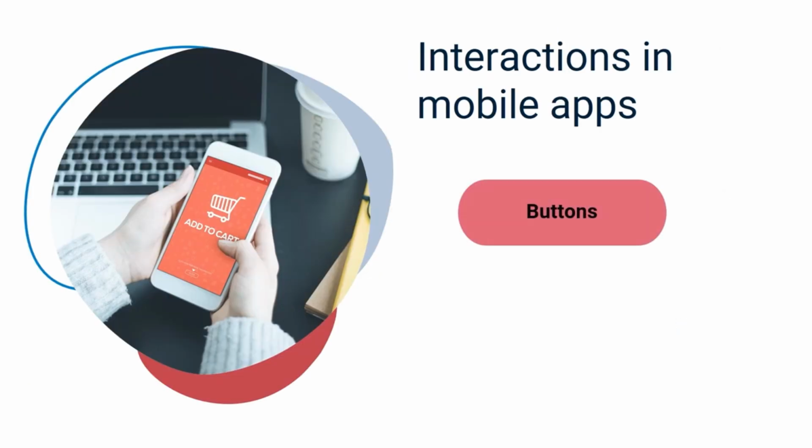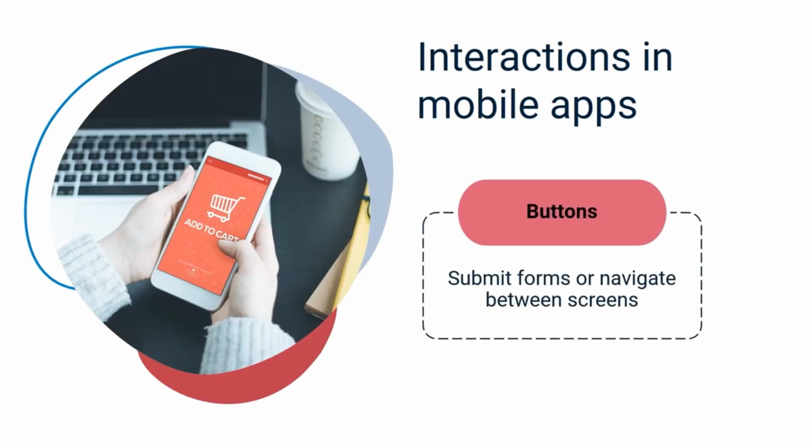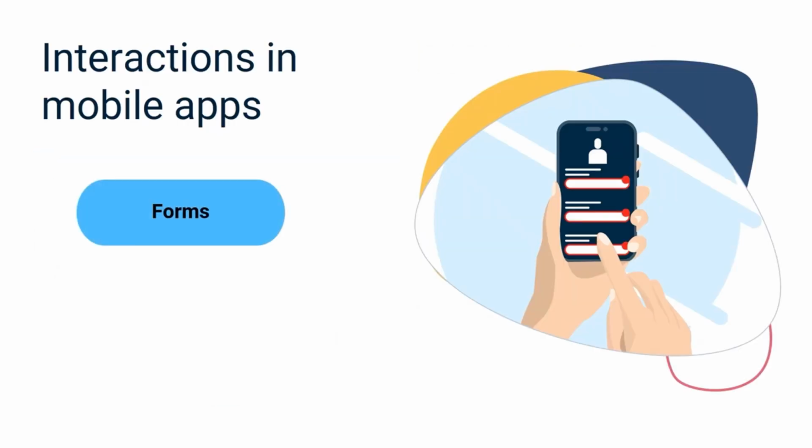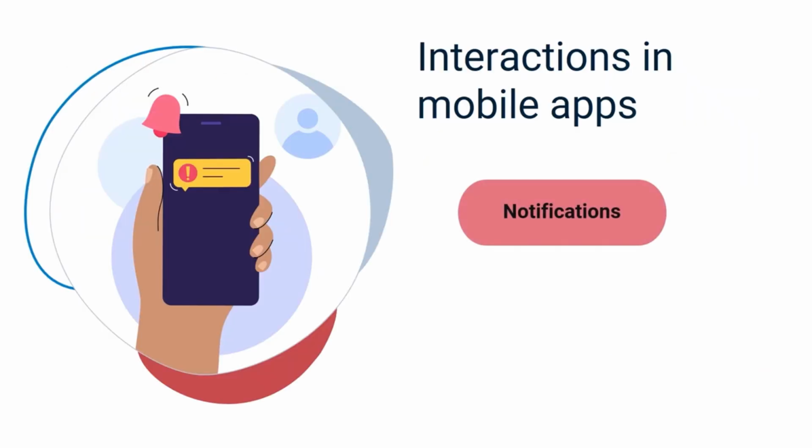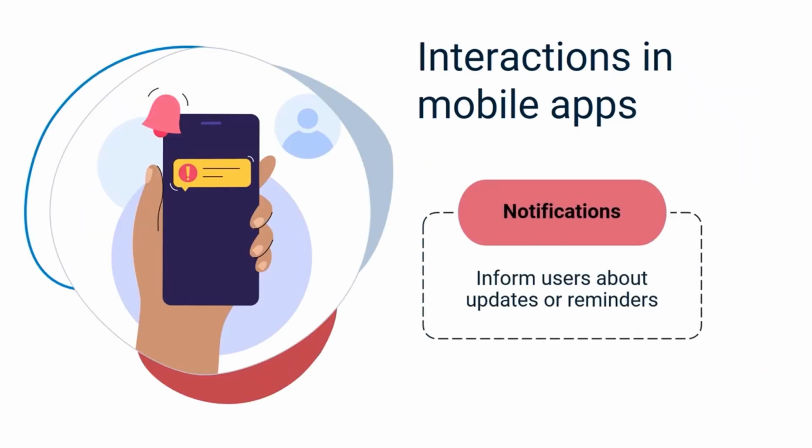Buttons trigger actions like submitting forms or navigating between screens. Shopping apps use add to cart buttons to let users easily select products. Forms allow users to input information, such as signing up or purchasing. Well-designed forms reduce frustration. Notifications inform users about updates or reminders, like news apps sending alerts for breaking news stories.